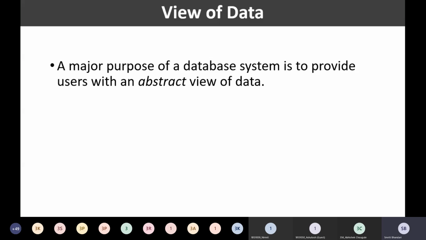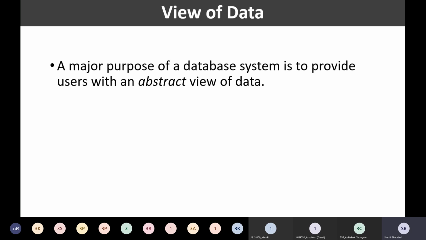So depending on the kind of user who is using the database management system, we need to provide some kind of abstract view to that particular user.